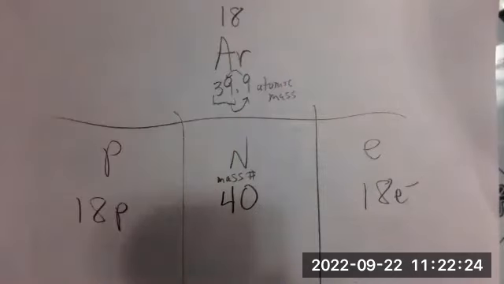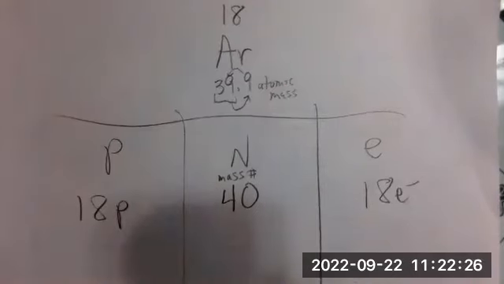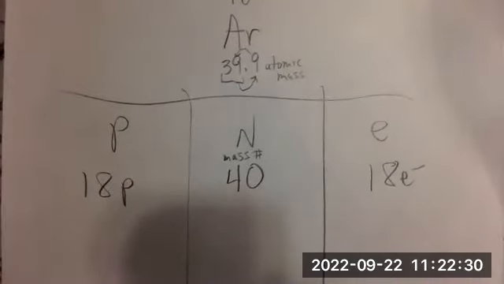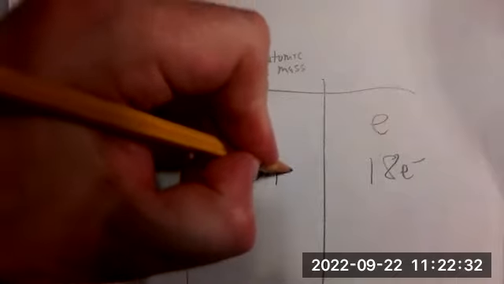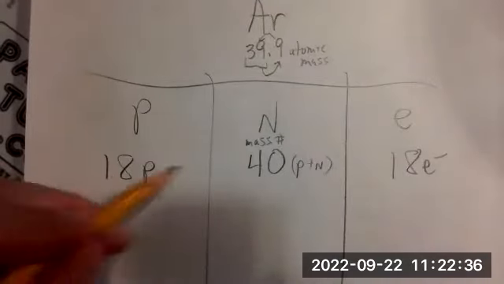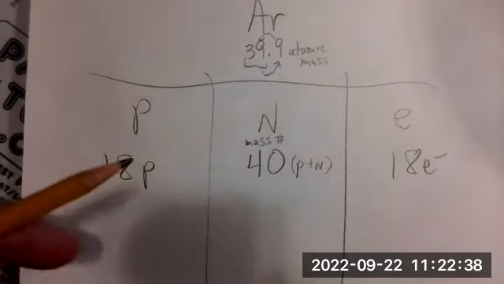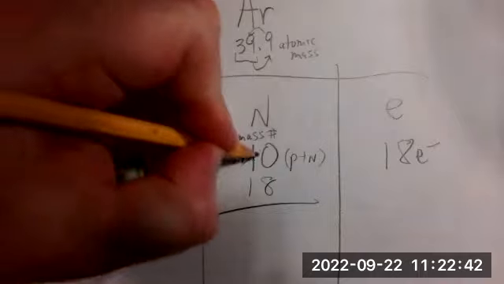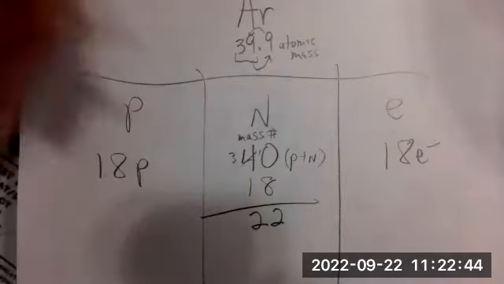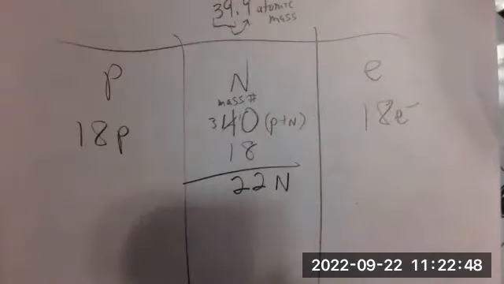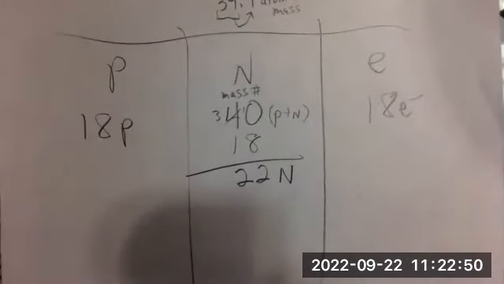But when you round it to a whole number, it becomes the mass number. Mass numbers are integers, whole numbers. And remember, that's the protons plus the neutrons. And we already know how many protons it has. So if we just subtract out the protons, we find the number of neutrons. Let's subtract out an 18. If you wanted me to show the math here, that's what it looks like. So there are 22 neutrons.